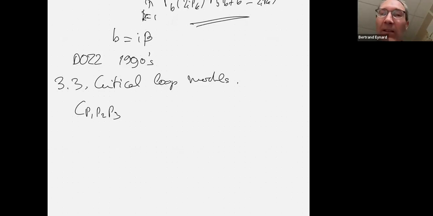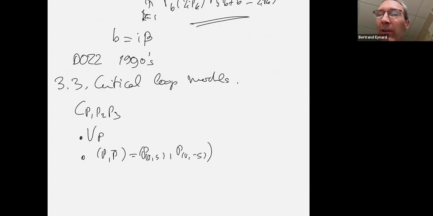But it's not all. In addition to these fields, you have in the spectrum some non-diagonal fields, fields with left and right momentums, P(r,s) and P(r,-s), so a priori different left and right momentums, where now the indices are Kac indices, but they are no longer integer. The first index can be a half integer, and the second index can be fractional.